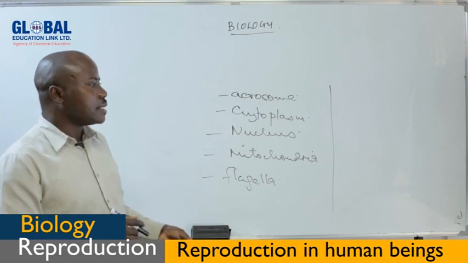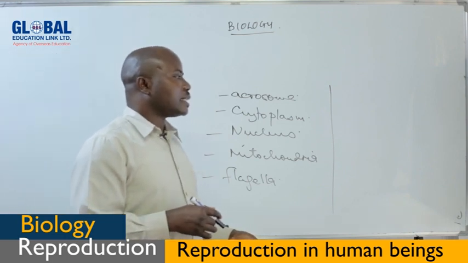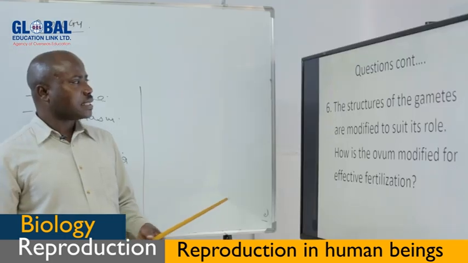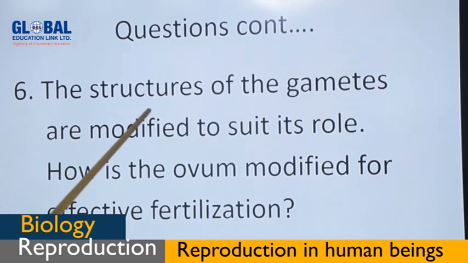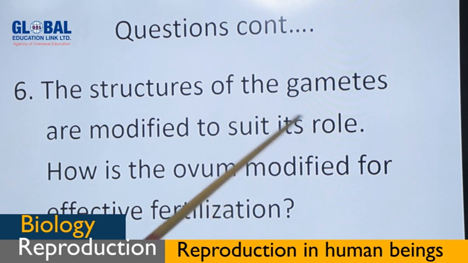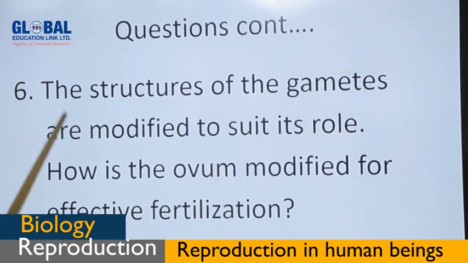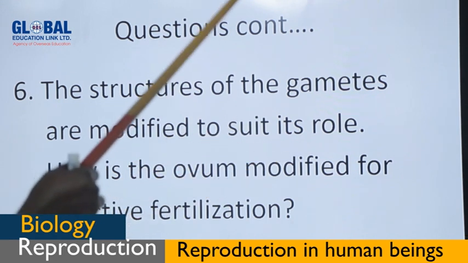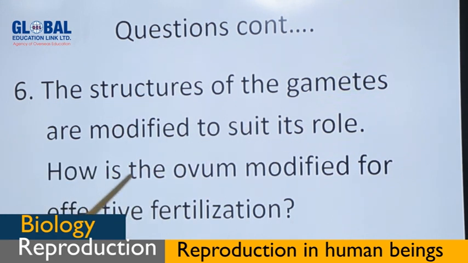The last question is question number 6, which asks: the structures of the gametes are modified to suit their role. How is the ovum modified for effective fertilization?